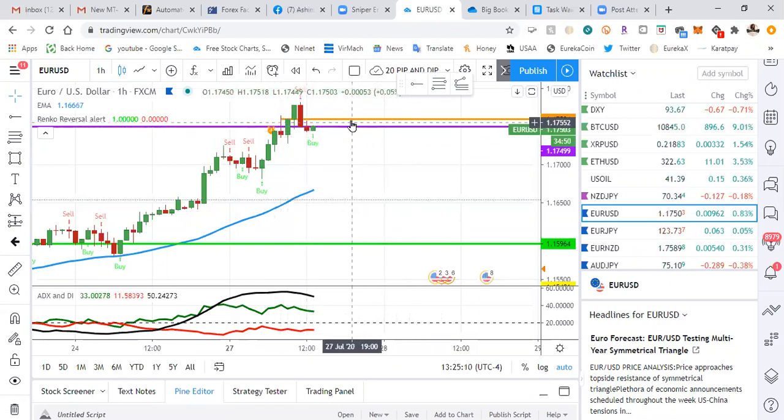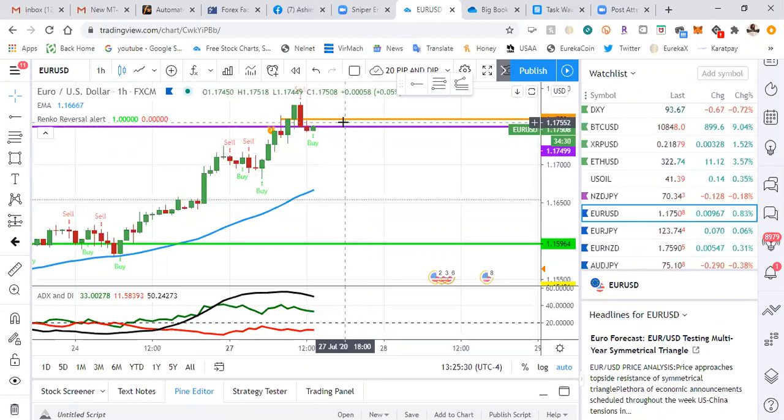It's going to come up and cross and hit or wick this area. The alert is going to go off. You're going to go to your computer. Now, before you enter, you're waiting on a nice bearish red candle to come this way. A full bearish candle. A full red candle.